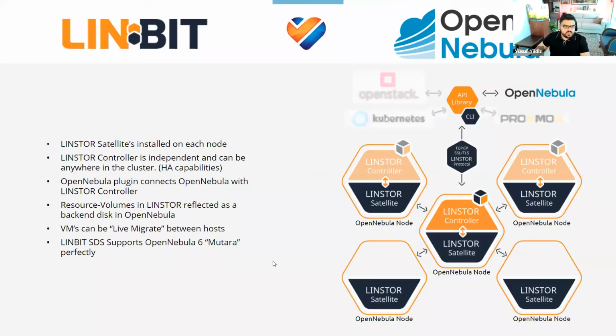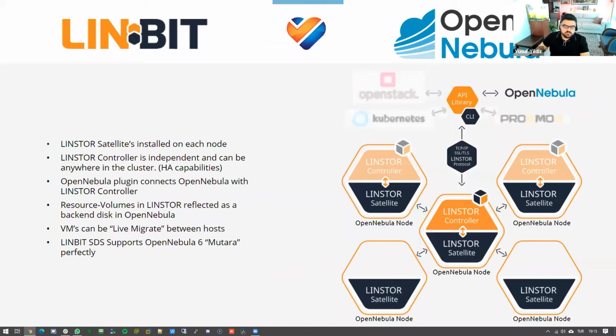In the previous webinar, Rini explained how LINSTOR actually works, but for those who didn't attend that meeting, I just want to give you an overview of how LINSTOR works. As you can see here, we have satellites that are installed on each node.